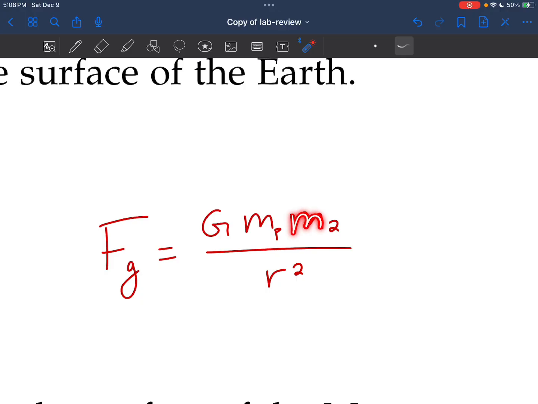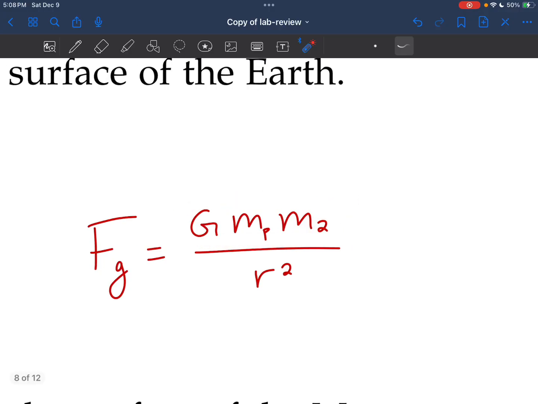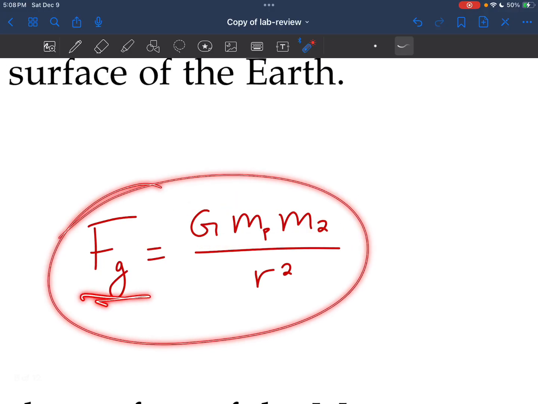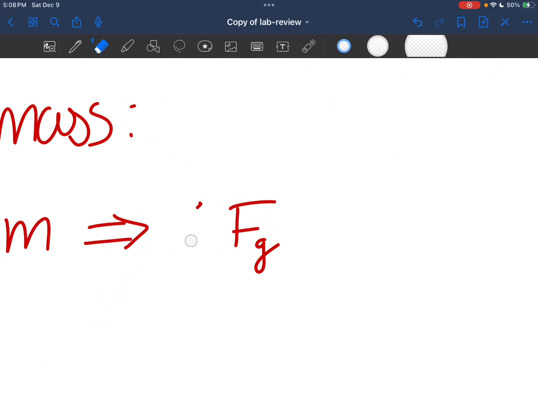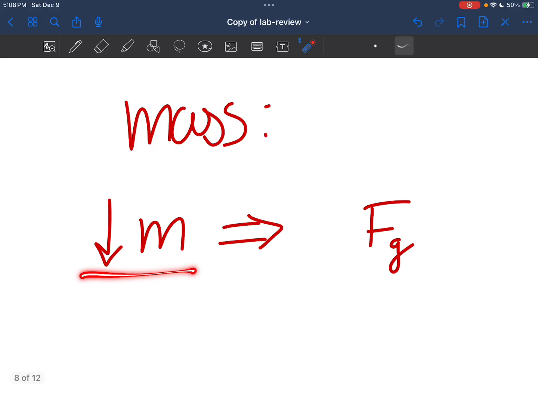So if I'm taking this, well, the mass of the person isn't changing, the gravity constant's not changing. All right, so if I'm taking this mass and I'm decreasing it, right, well, that's just taking my numerator and decreasing it. So that's going to be decreasing my force of gravity. All right, so I come down here, and I know that decreasing my mass is going to decrease my force of gravity.